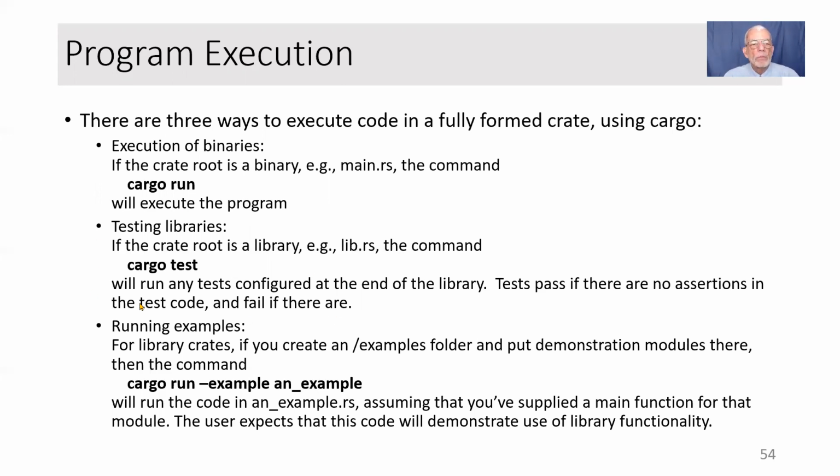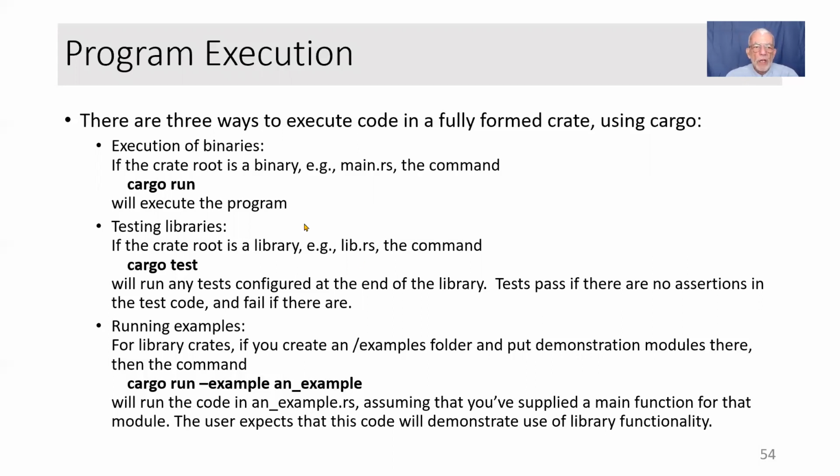The third way is to run examples. If I've built my library, I've run all the tests, and I'm satisfied with it, now I create an examples directory, and I start putting in binaries that exercise that library, just to demonstrate for potential users how it works, or maybe to run some tests that are hard to run in the library's configured tests.